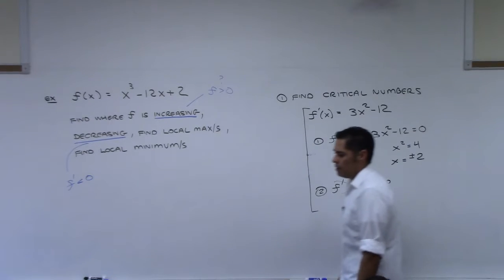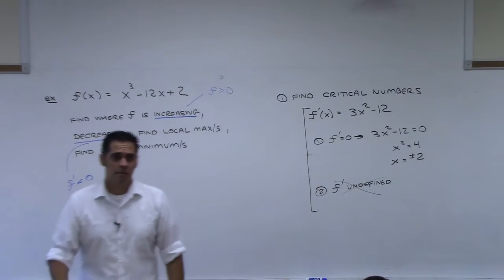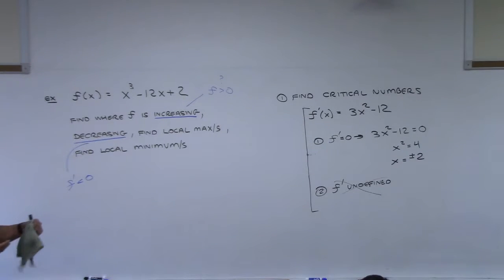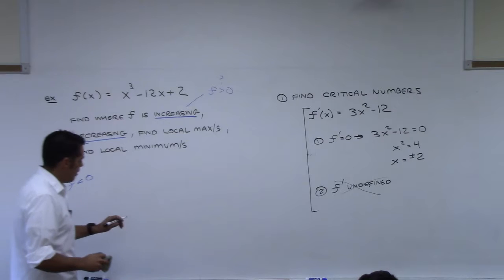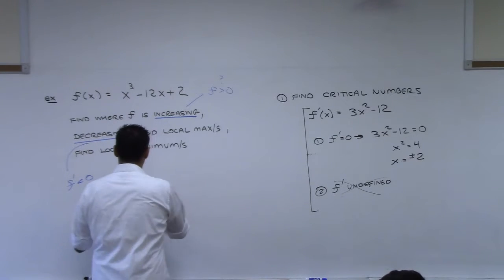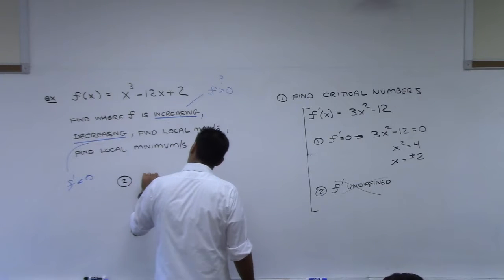Now, the next step is something we have not done yet, all right? So let's see if I can't make this make sense. I'm going to draw a number line. This is the second step. I'm going to do a number line.